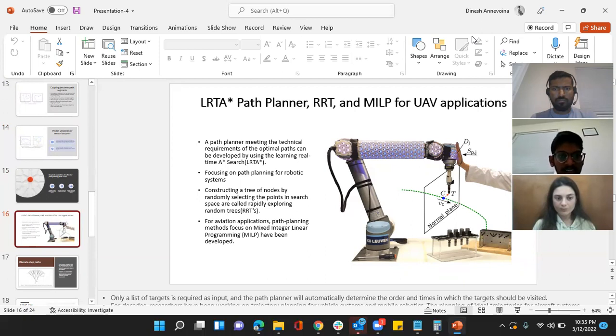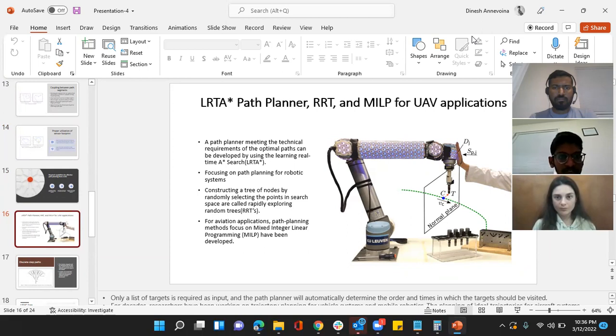and constructing a tree of nodes by randomly selecting points, these are called RRTs. The majority of these methods are created to tackle circumstances in which the goal is to design a path between the starting position and the target.